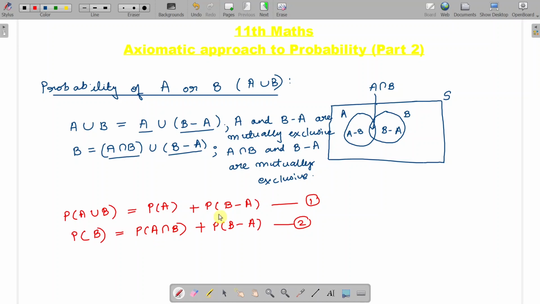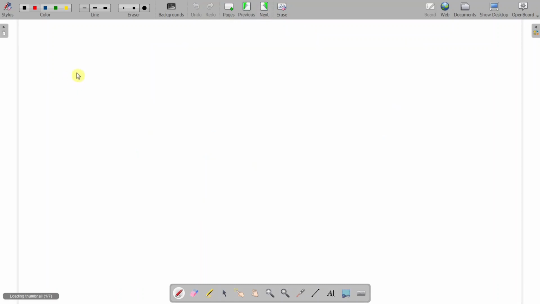Now suppose we subtract 2 from 1, let us see what we get.